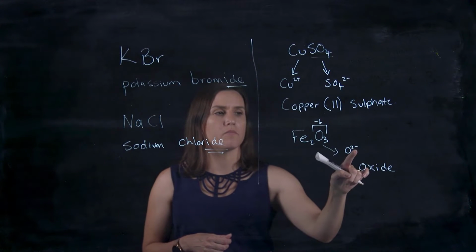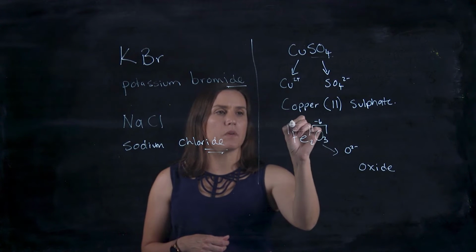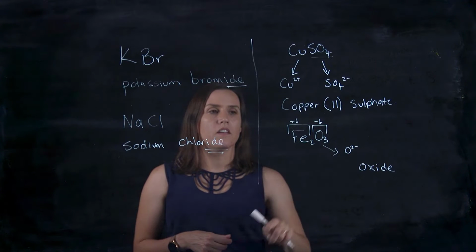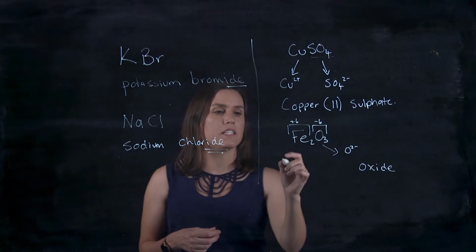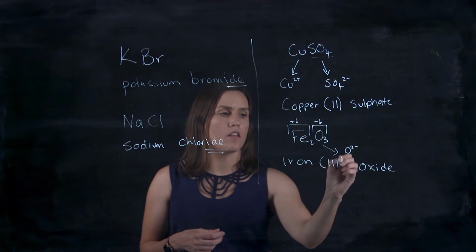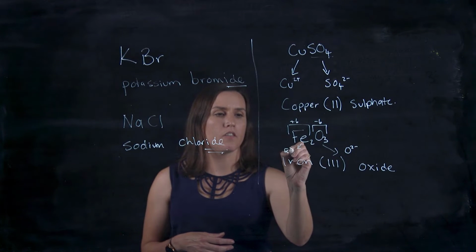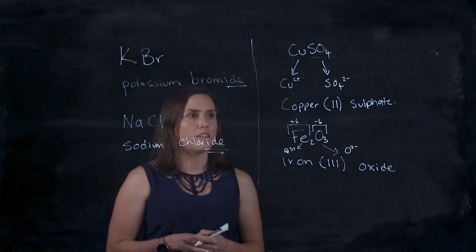So 3 lots of -2 gives me -6. So my Fe needs to be +6. I've got 2 Fe's, so if I've got 2 and it needs to get to +6, that means each ion will be a 3+. This will be Fe3+. Okay, so iron(III) oxide.